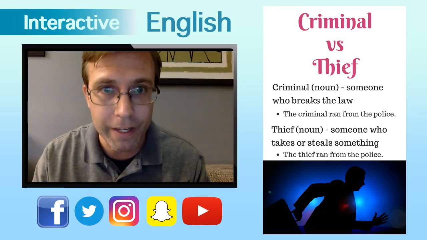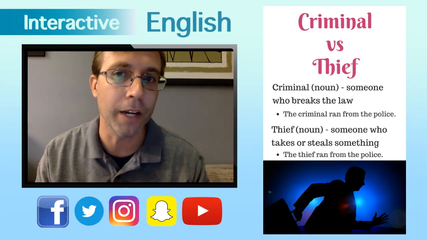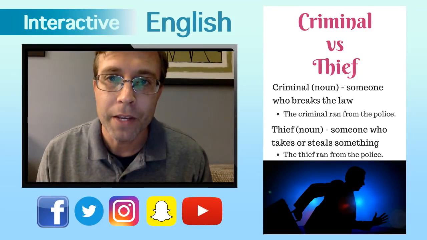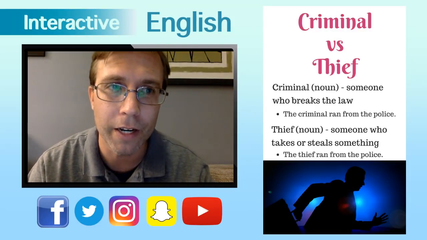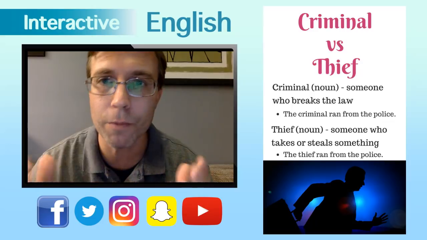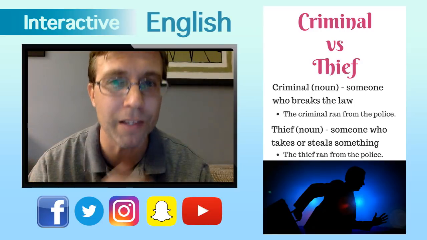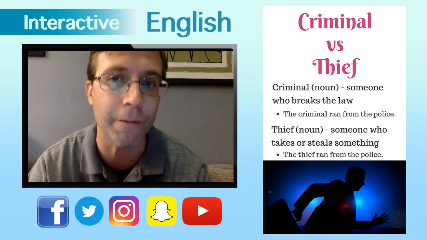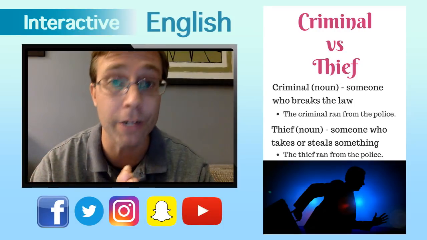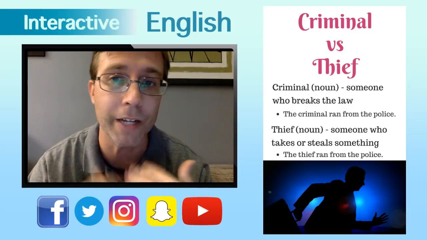A thief is a type of criminal. So a criminal is a noun, it's a person, it's somebody who breaks the law. All right. So in the chat, give me some examples of criminals. Give me some types of criminals. All right. What could we say? Make it more specific.